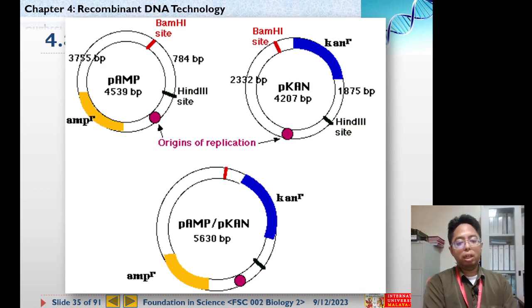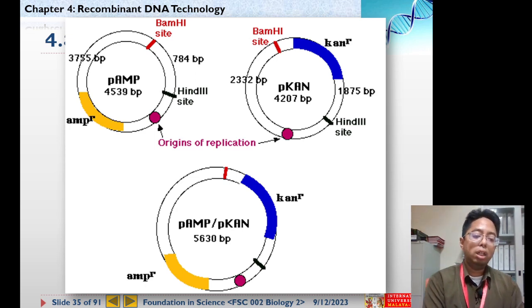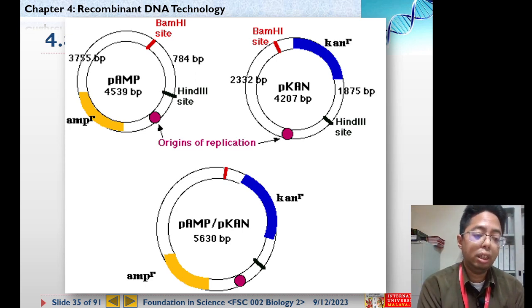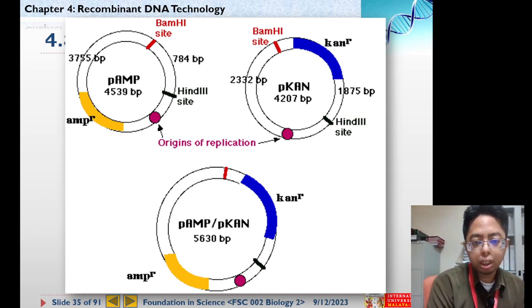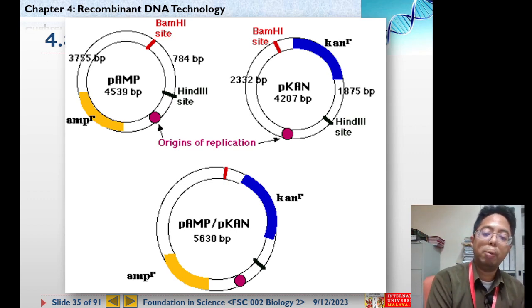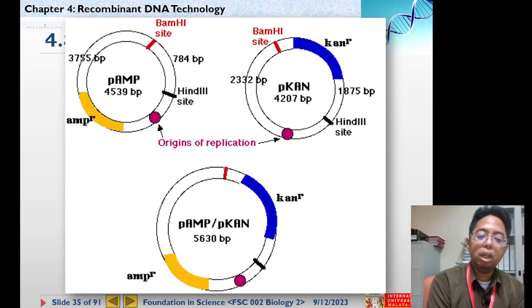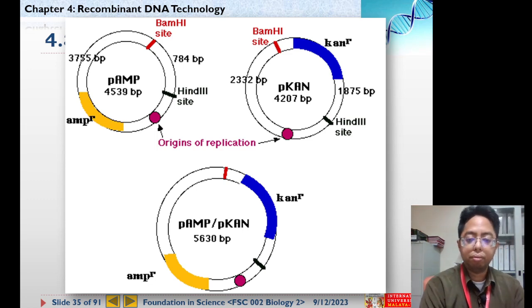The yellow part right there is the AmpR or ampicillin resistance gene. When you insert the new target gene, for example the blue one, it must be in an area which does not affect the AmpR.